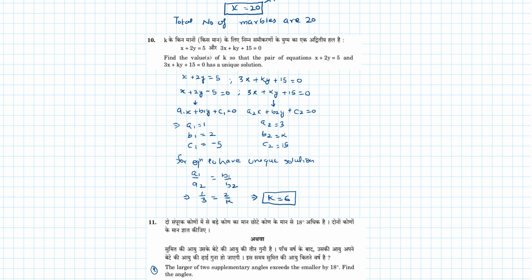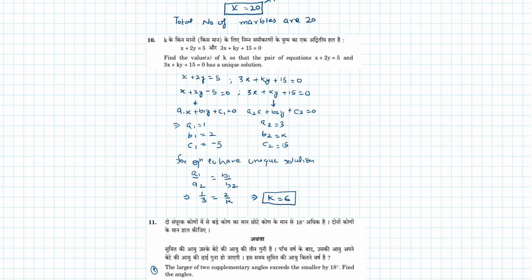Okay, now if we are given two linear equations, let us say a1x plus b1y plus c1 is equal to 0 and a2x plus b2y plus c2 is equal to 0, then for these two linear equations to have a unique solution, it means a1 upon a2 is not equal to b1 upon b2.